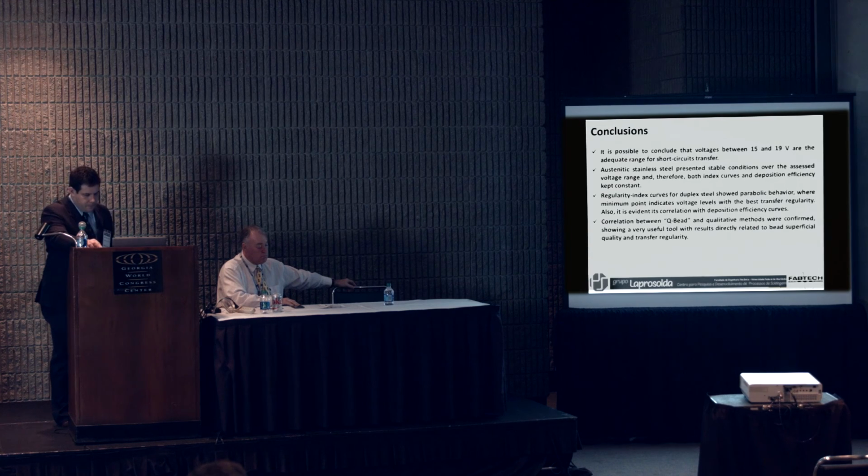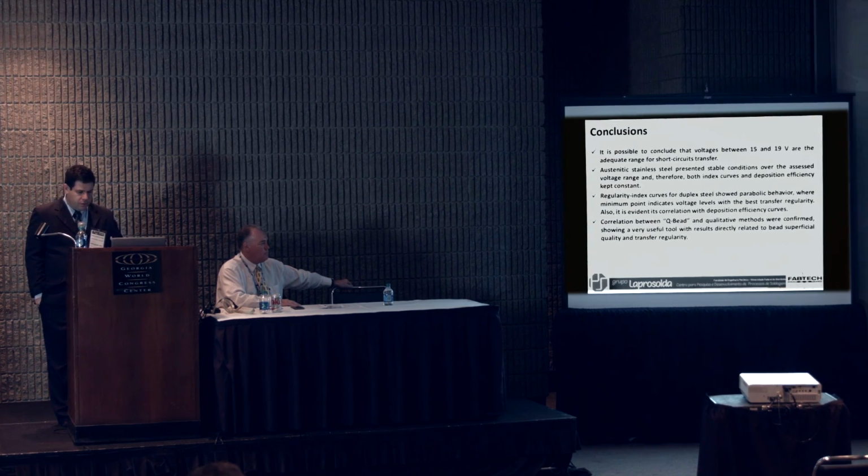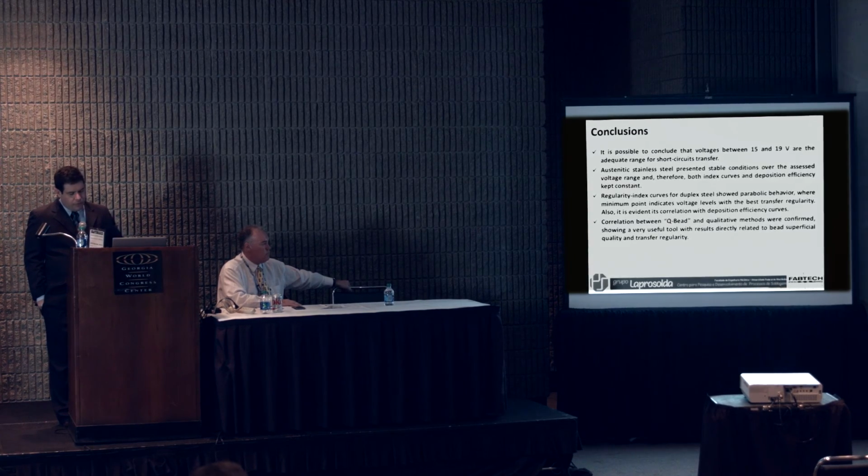So by this work we can conclude that yes, it's possible to weld within 15 to 19 volts. That's the ordinary range for these steels and the parameters that we have used. The austenitic wire presents a stable condition over the whole range of voltage, and therefore both index curves, the deposition efficiency and the bead profile were kept constant.